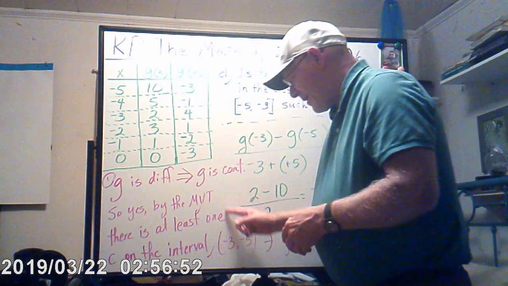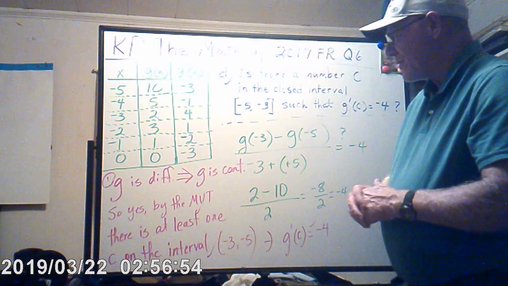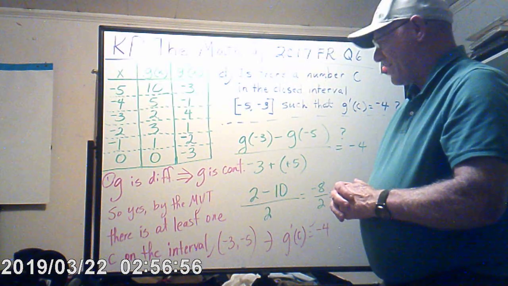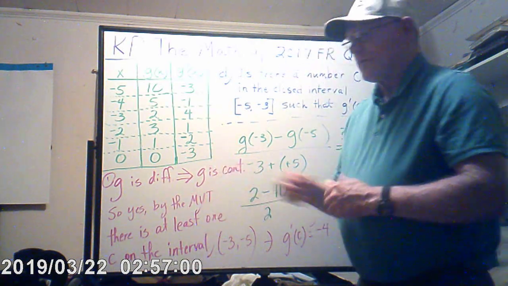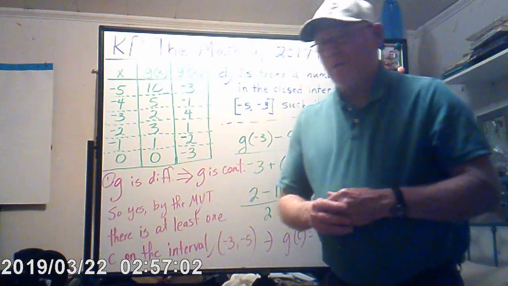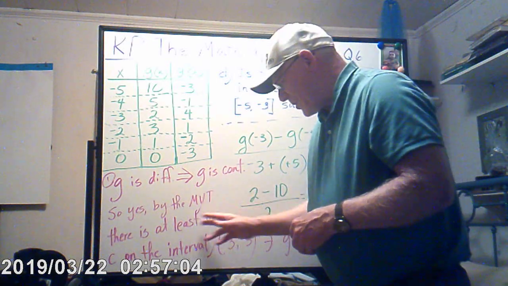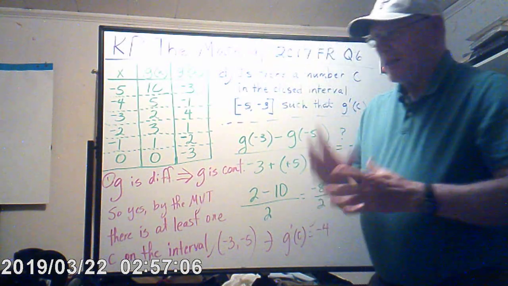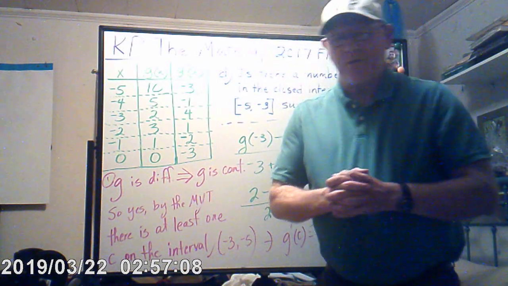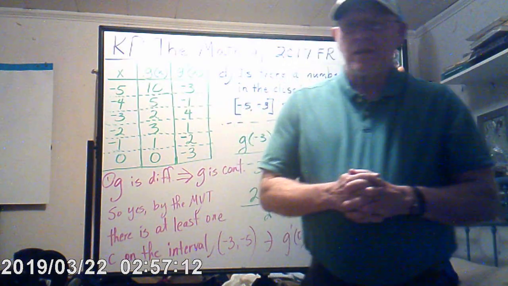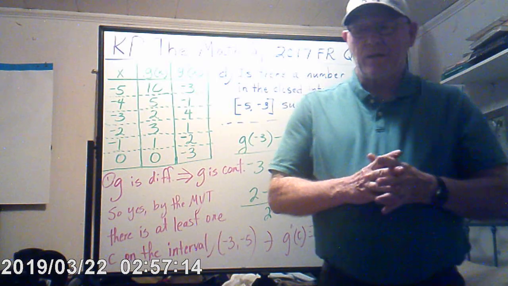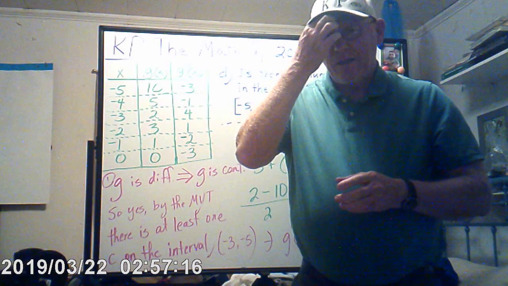This is not always an easy concept to discuss, but it is a major theorem. Rolle's theorem is probably a portion of this MVT. They kind of feed off of each other, if you will. And you have others that we look at as well.